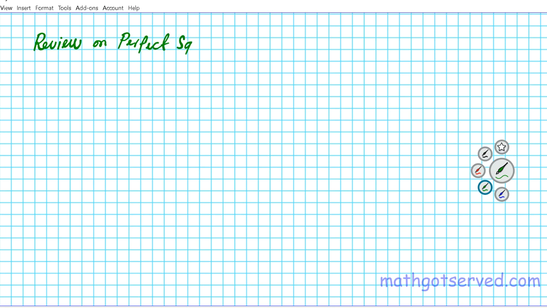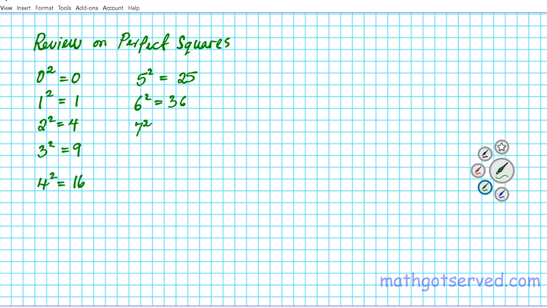Let's start from 0. 0 squared is 0 times 0, which is 0. 1 squared is 1. 2 squared is 2 times 2, which is 4. 3 squared is 9. 4 squared is 16. 5 squared is 25. 6 squared is 36. 7 squared is 49. 8 squared is 64. 9 squared is 81.